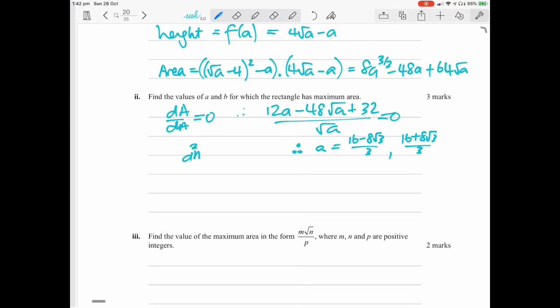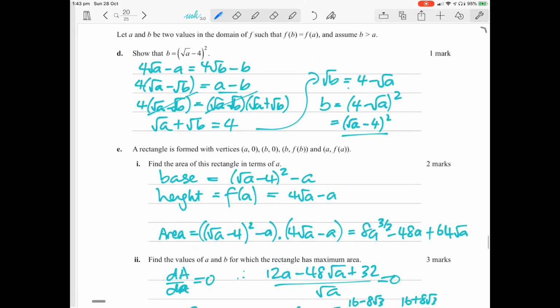Okay, so d squared over dA squared given A equals 16 minus 8 root 3 on 3 is less than 0, therefore A equals 16 minus 8 root 3 on 3.